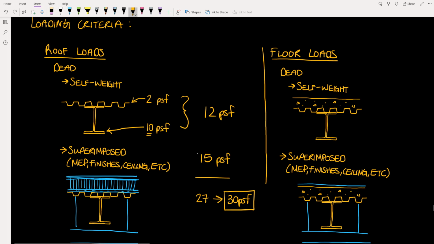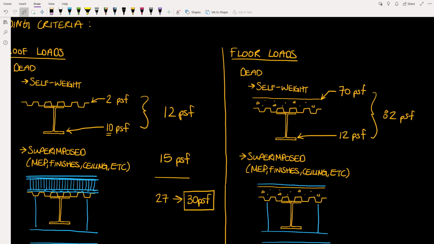For our floor load, on the other side here, in addition to the deck, we now have concrete poured on top of the deck. And that concrete has a significant amount of weight to it. So over here, this concrete and deck will weigh about 70 pounds per square foot, and floor framing tends to be a little bit heavier than roof framing, so we'll use 12 pounds per square foot, giving us a total of 82.